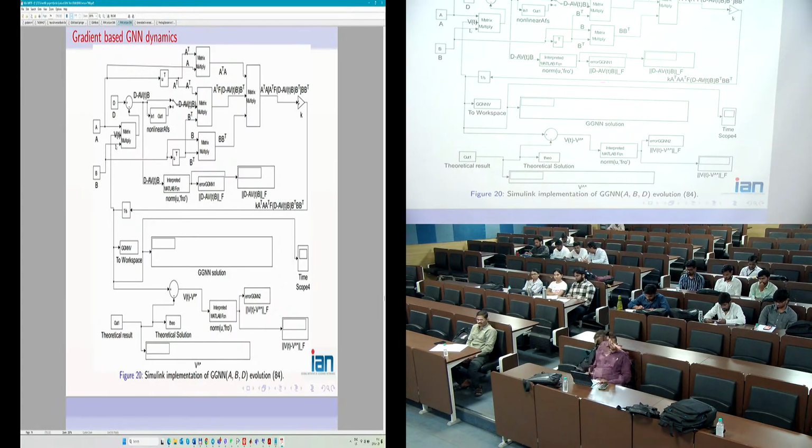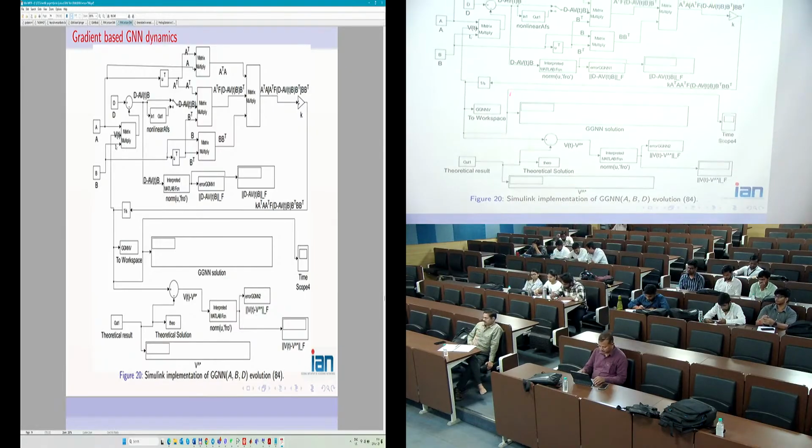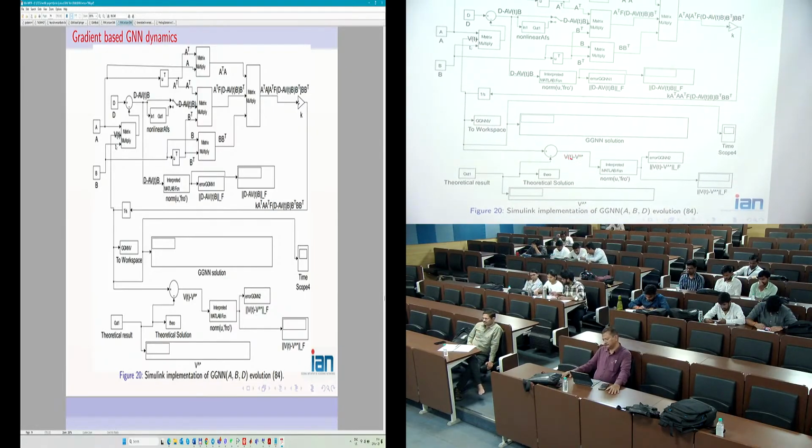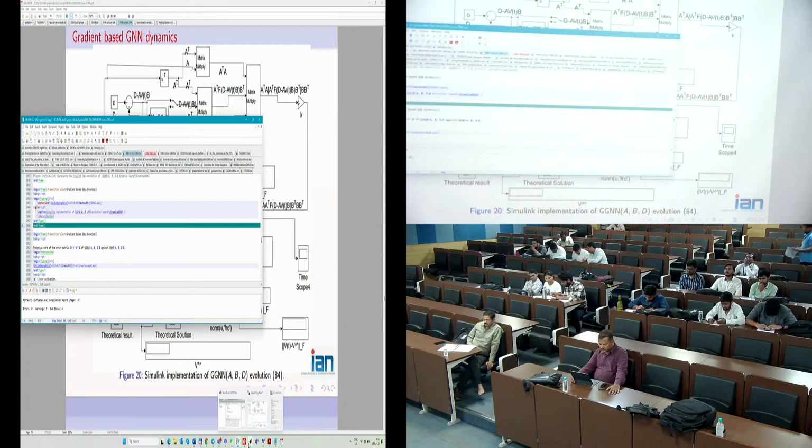It is the time interval, the proposed time interval. We will display the state variable matrix V of T here, with the time scope and the Frobenius norm of the solution.